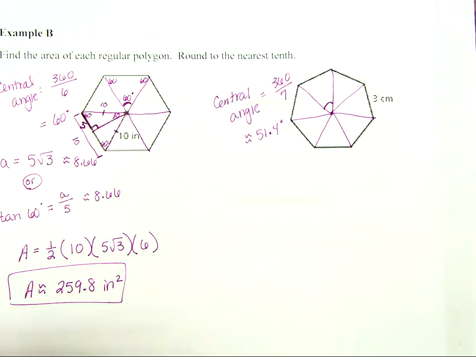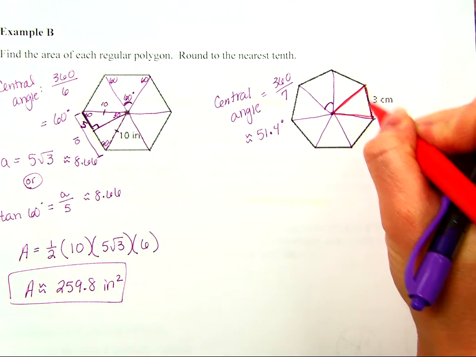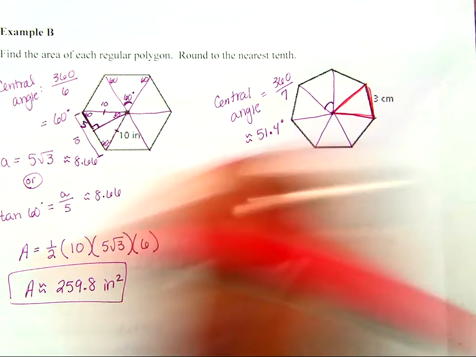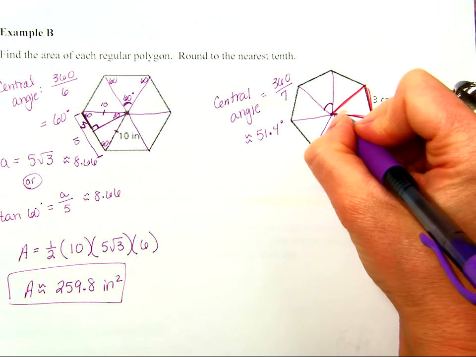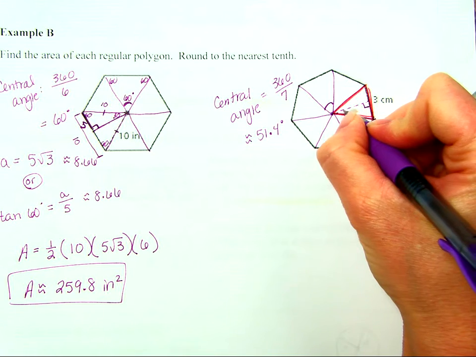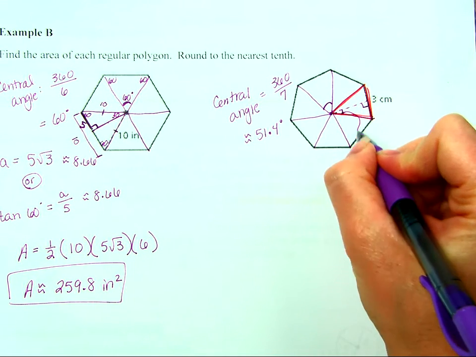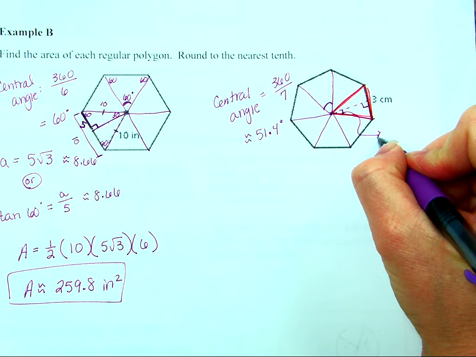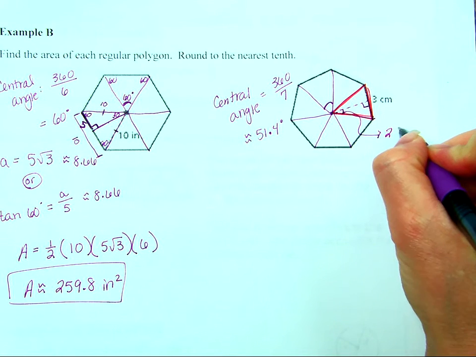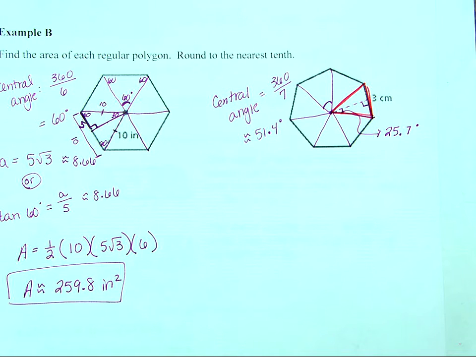Now I'm going to calculate here for this triangle. When I drop in this apothem and split that, if my central angle was 51.4, when I divide that by 2, that's going to give me the angle of 25.7 degrees right there.